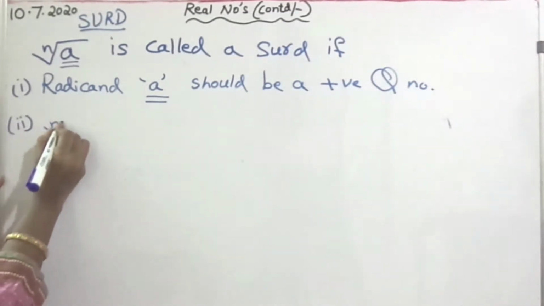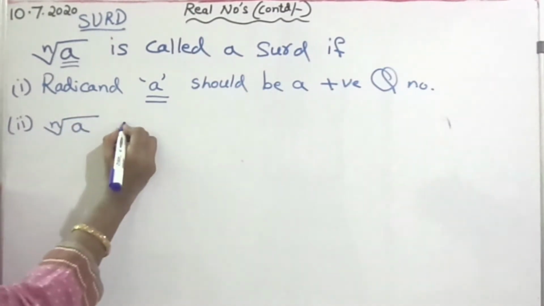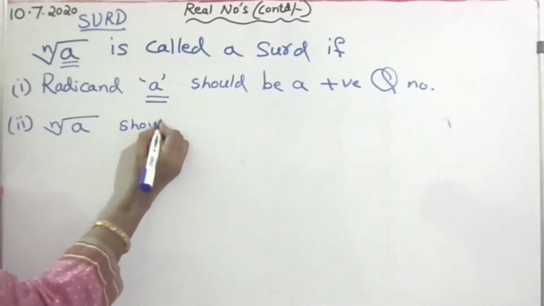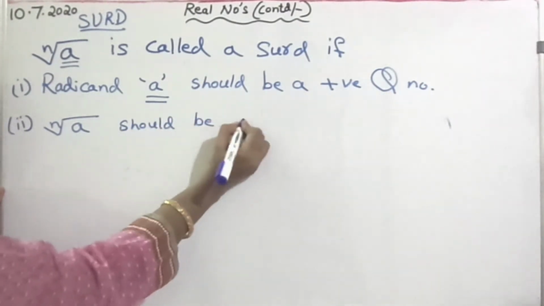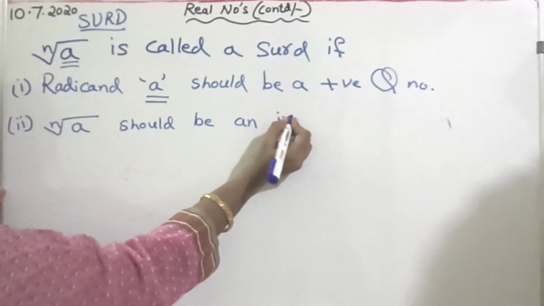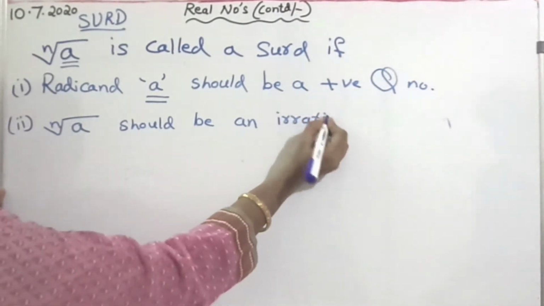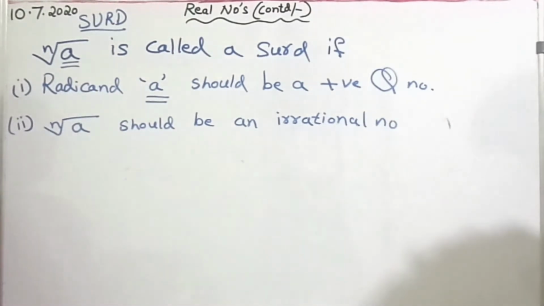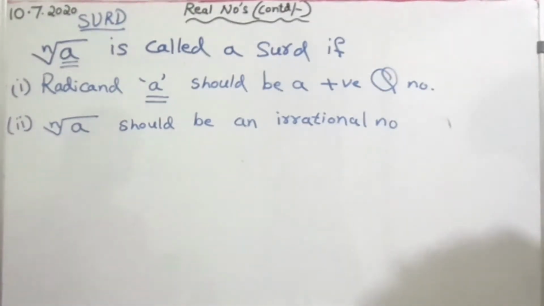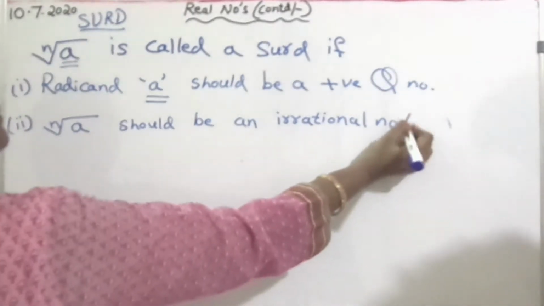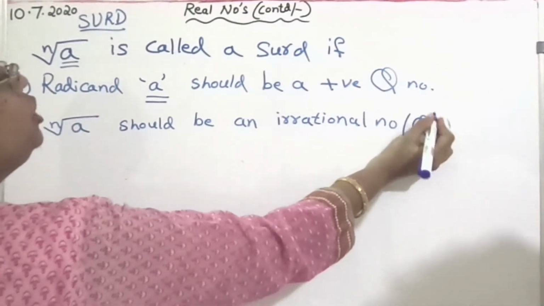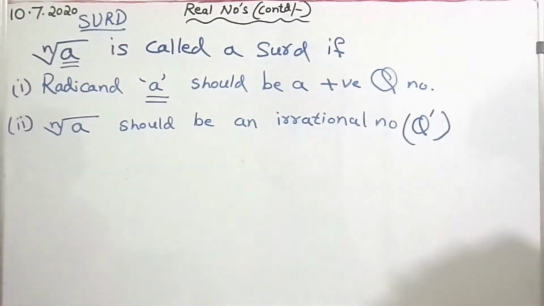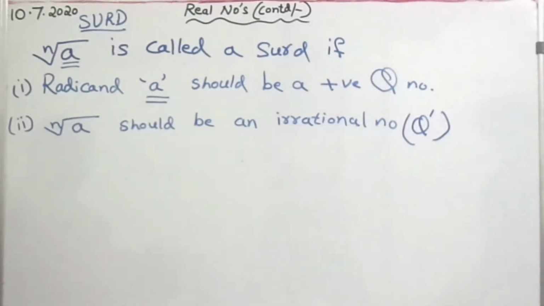Next condition, nth root of a should be an irrational number. You know the symbol of the set of irrational numbers, Q dash, Q complement, meaning not there in Q but there in the set of real numbers.